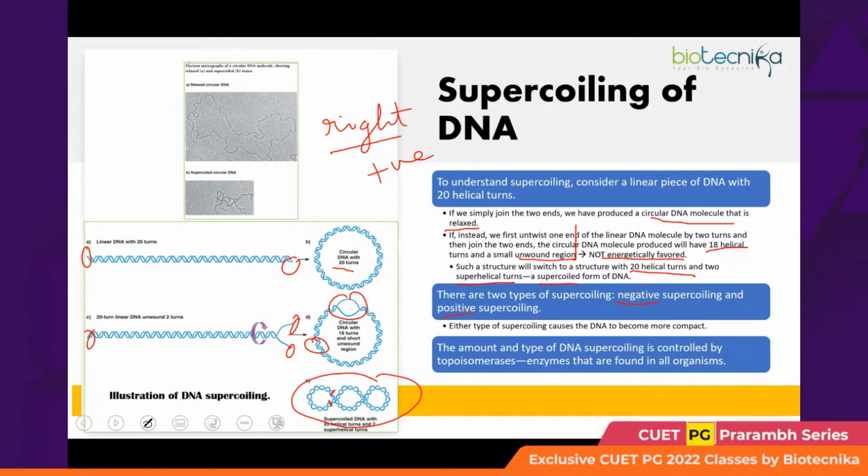And if you do supercoiling in the left-handed direction, then it will be called negative supercoiling, because the DNA helix turn is present in a right-handed turn. Got it, everybody?